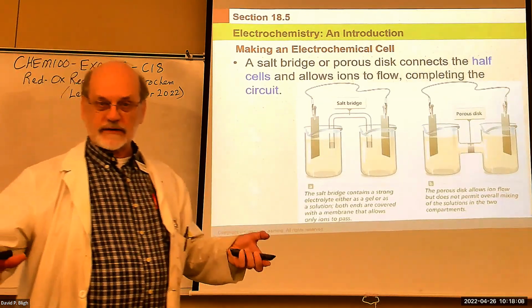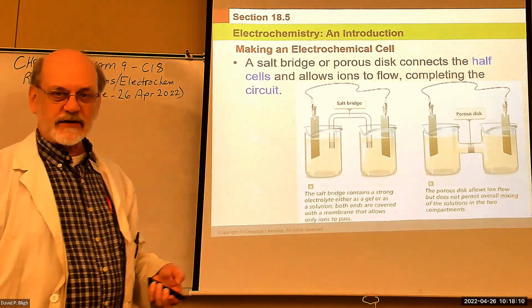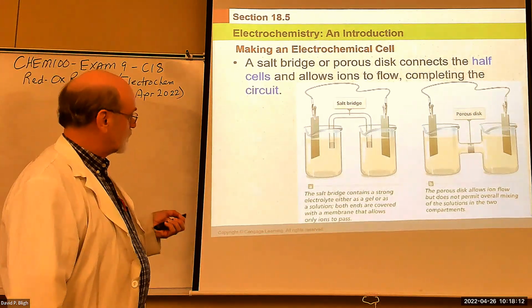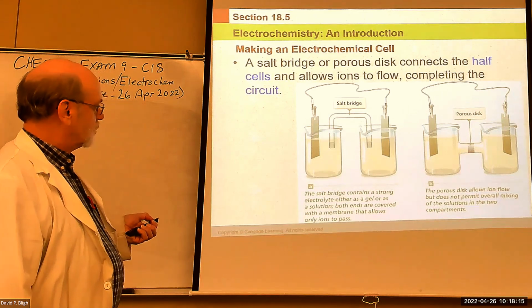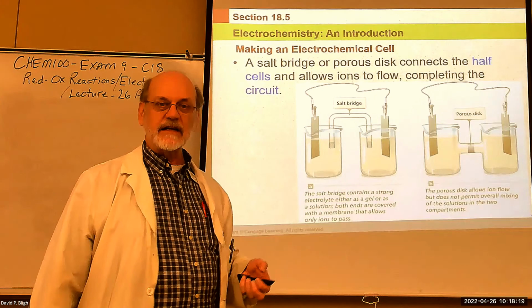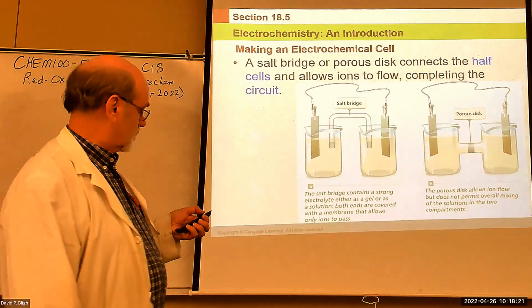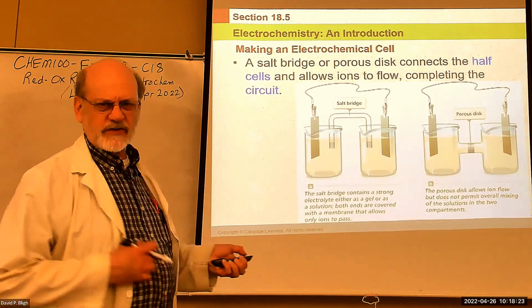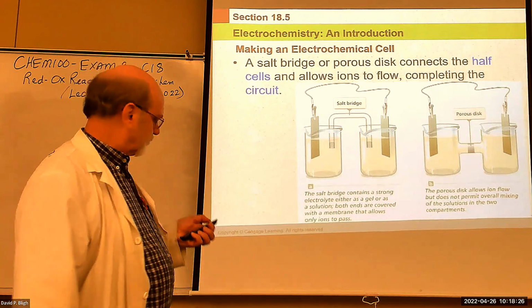There are several ways you can do it. One way is to make a salt bridge. It's just a tube filled with a solution of ions. And they need to be common ions to the mixtures. Most of the time, it works best.